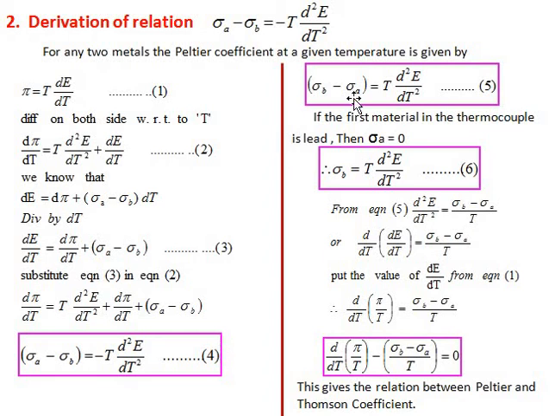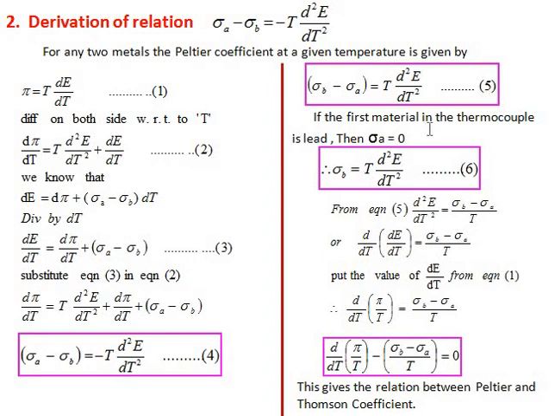Now we rearrange this equation here. Instead of sigma A minus sigma B, we write sigma B minus sigma A. So therefore this negative sign goes. So it becomes T into d square E divided by dt square. Call this equation number 5.